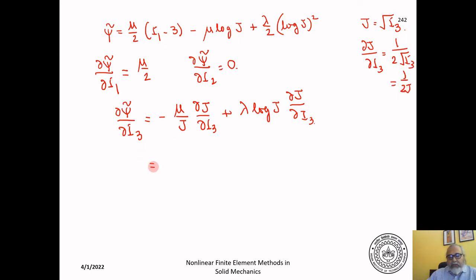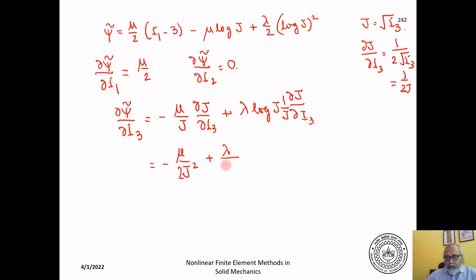So you will get minus mu by 2J square, plus lambda by, oh sorry, I missed a 1 by J here. So log J times 1 by J del J by del I3, that's the correct derivative.